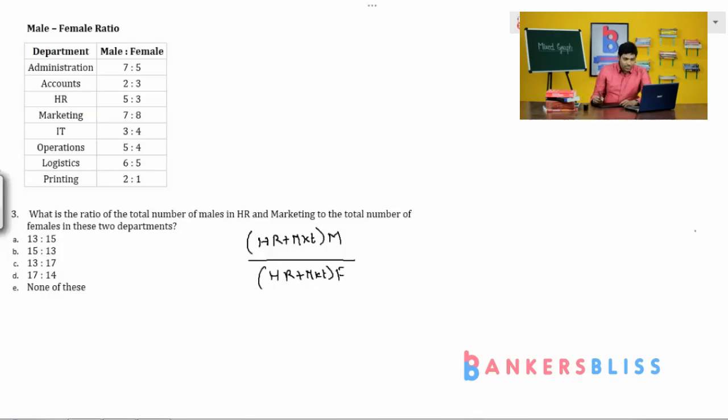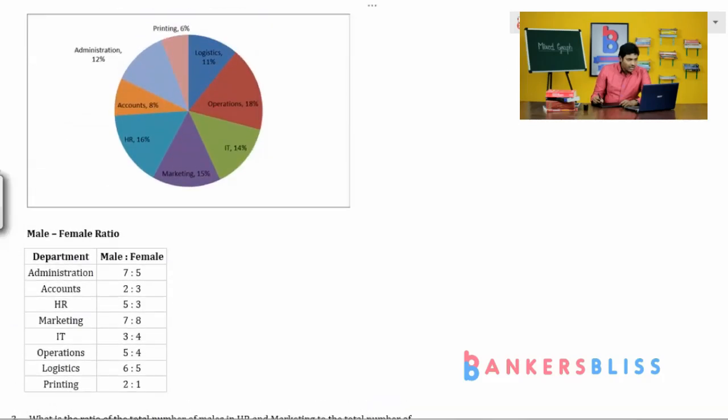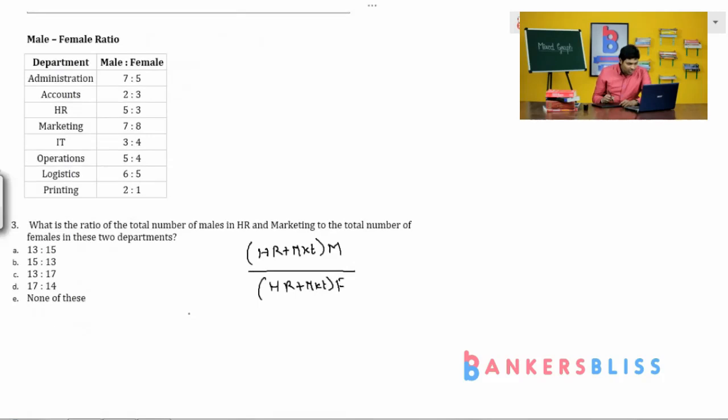So now, what is the percentage of HR? HR forms 16%. Next, the male to female ratio for HR is 5:3. Next, marketing forms how many percentage?